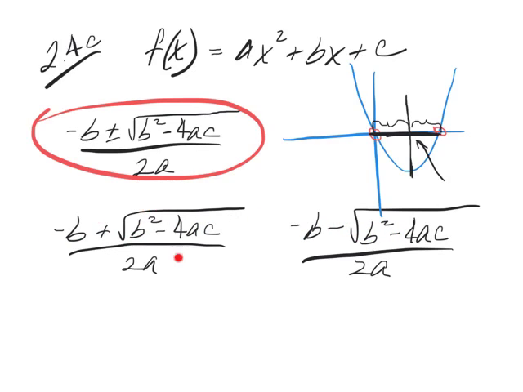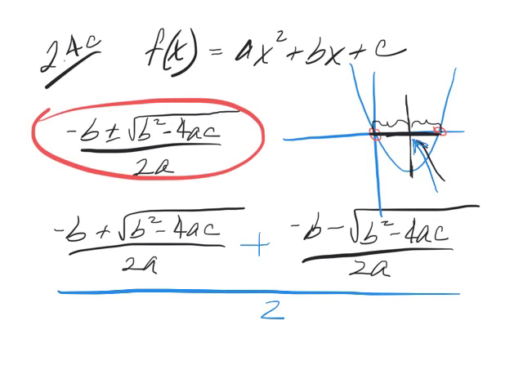When I put numbers in here, I'm going to get one number for an answer here. When I put numbers here, I'm going to get one number for an answer there. Well, if I add those two up and divide by 2, I'm going to get this point right there, that halfway point between both of those answers. And that ends up being the x-coordinate of the vertex.